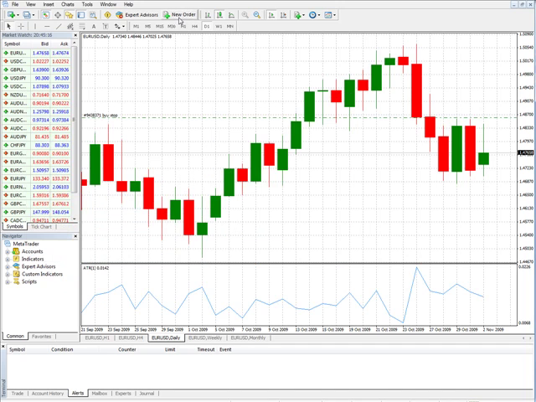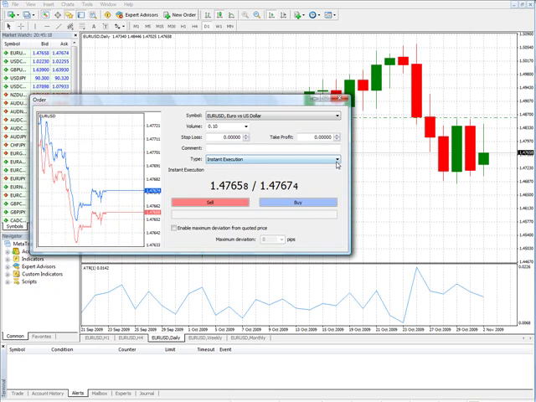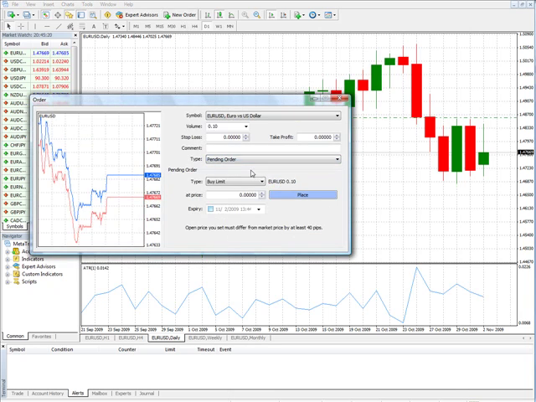Now we're going to place a sell stop at the price 1.46787. And I think the problem before was perhaps I was putting the sell stop price where the buy stop price should have been.